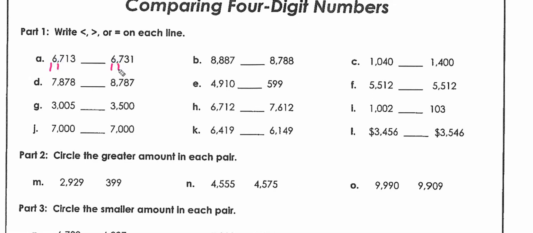But look at the tens. In one of them I have one, on the other I have three. So what's greater, one or three? Three is. So in this case, one is actually less than three. So the sign that I'm going to use is less than.